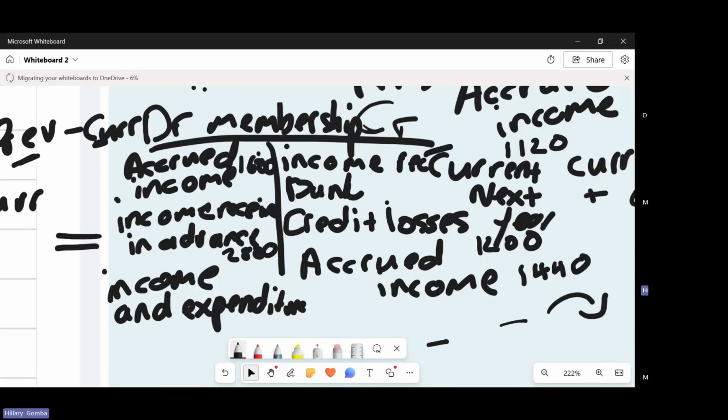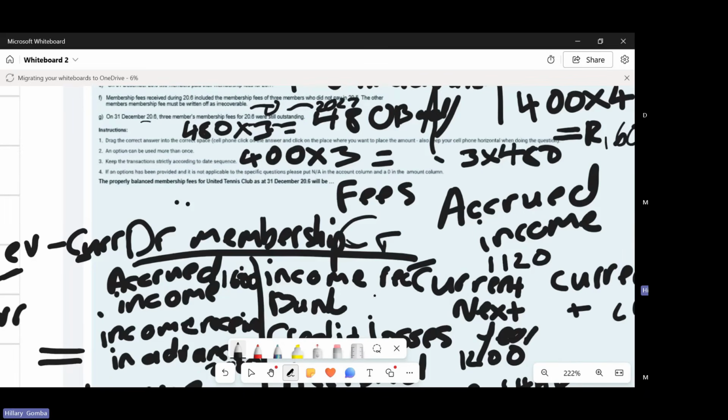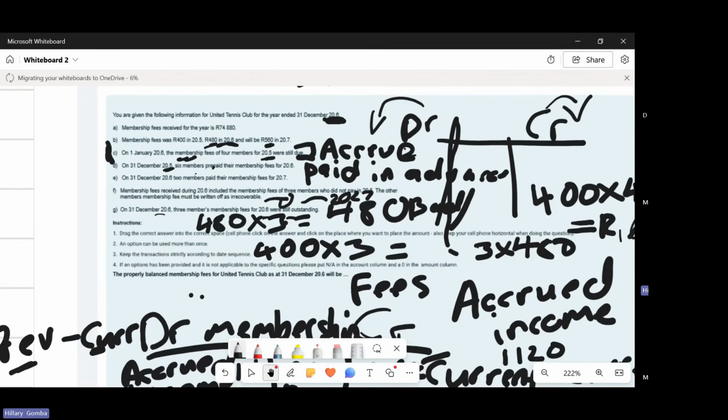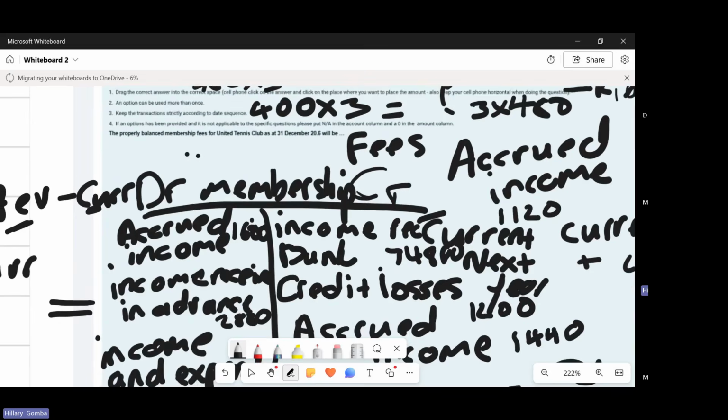And then going back to A, it says that membership fees received for the year was 74,880. That amount you record on the credit side of the bank. So you come in, then you record 74,880 on the credit side.